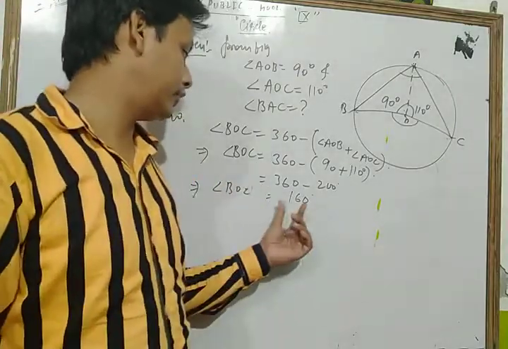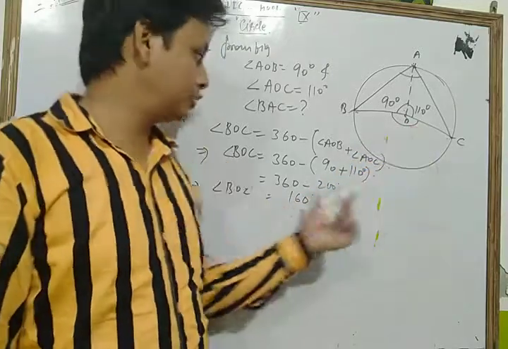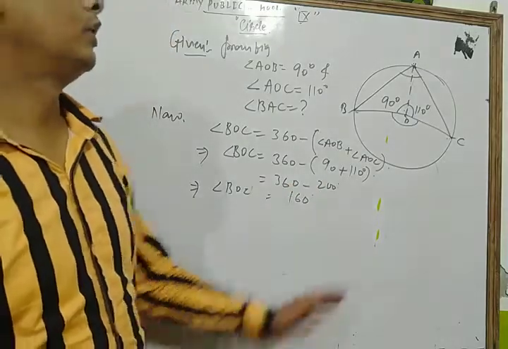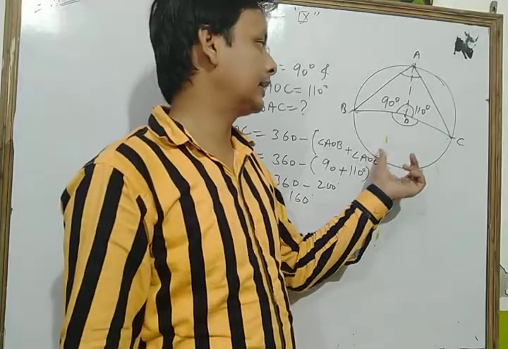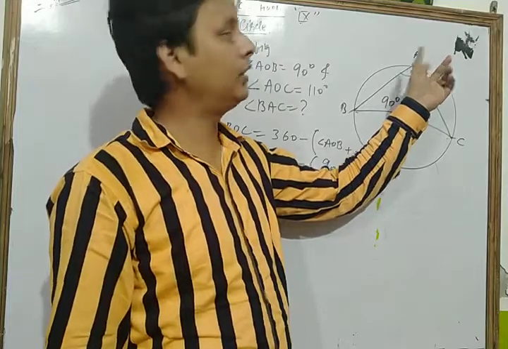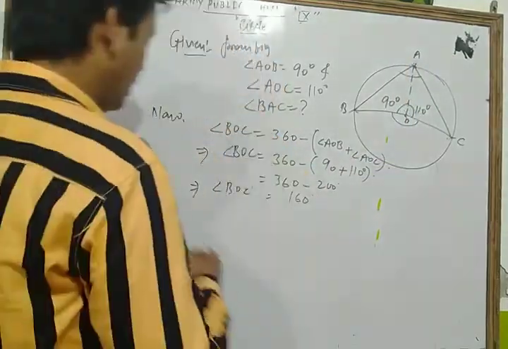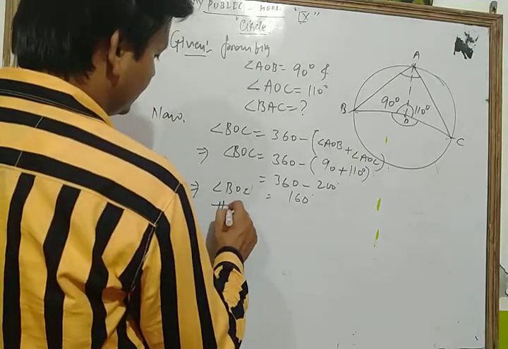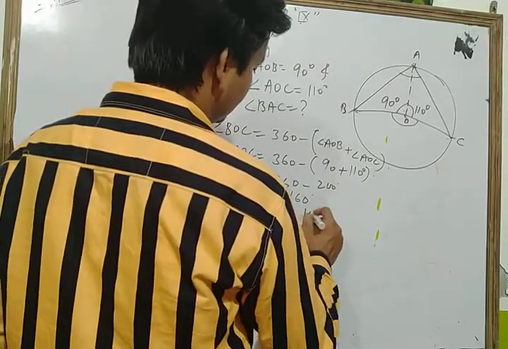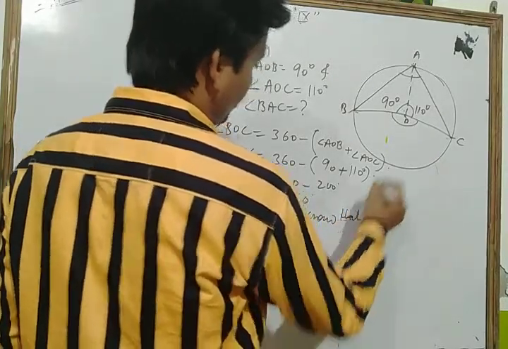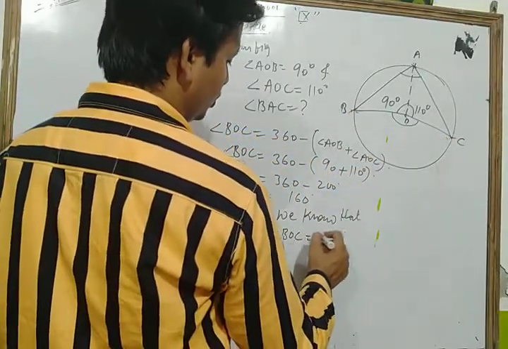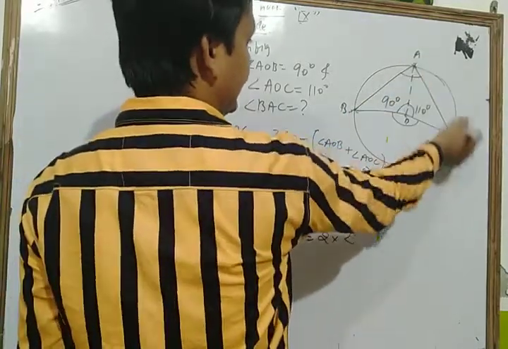So in this way, dear students, first of all we find angle BOC using the property of the sum of angles all around a point. Now by the theorem we know that the angle subtended by an arc at the center is double the angle subtended by it at any point on the remaining part of the circle. So angle BOC is equal to 2 times angle BAC.